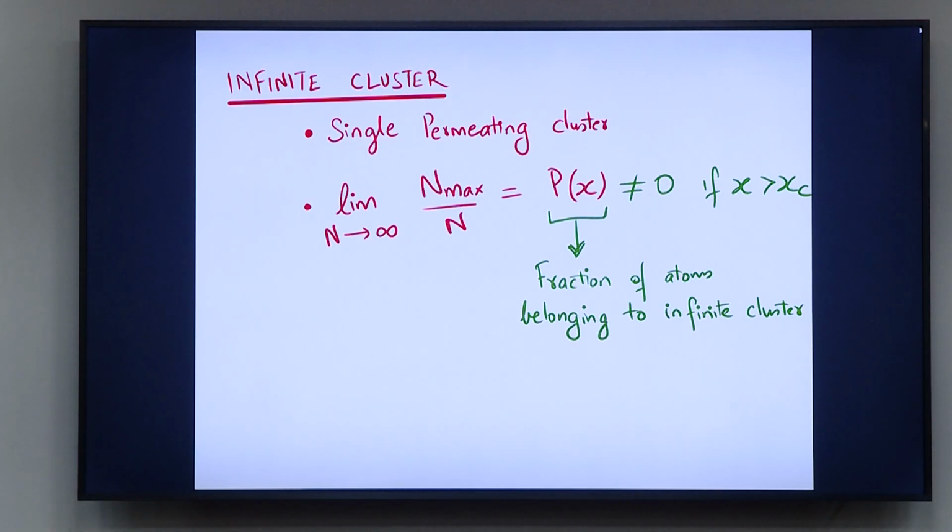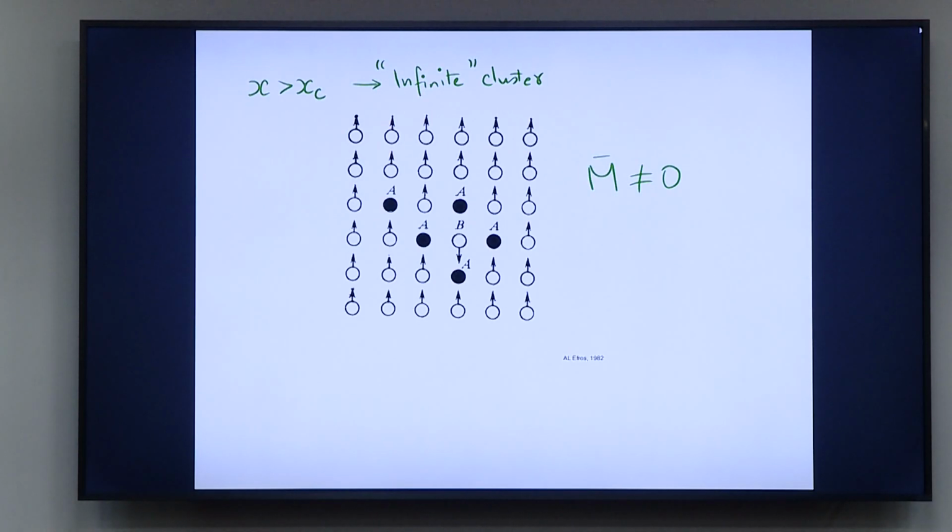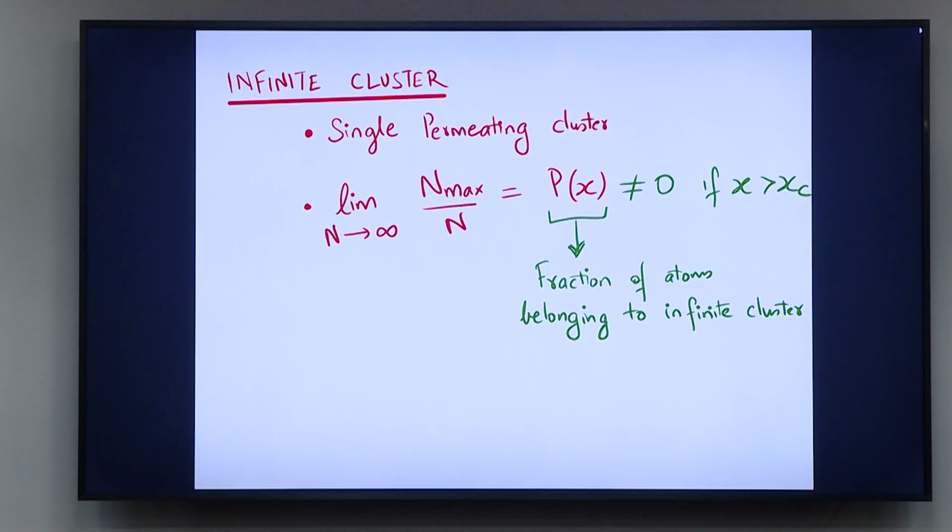Yeah, I have not proven that, but it can be shown. I have not shown it in this talk, that only one infinite cluster can exist in the system, like it has been depicted here. A system can have one such cluster where if you keep increasing N, the size of that cluster divided by N keeps a constant value. Total number of atoms is increased, you maintain the same fraction, and the size of that cluster also increases.